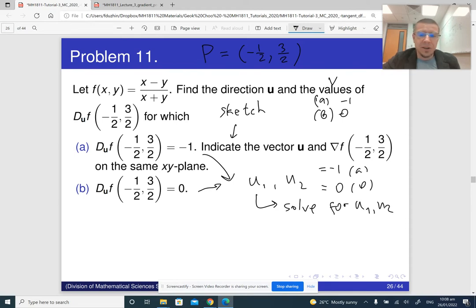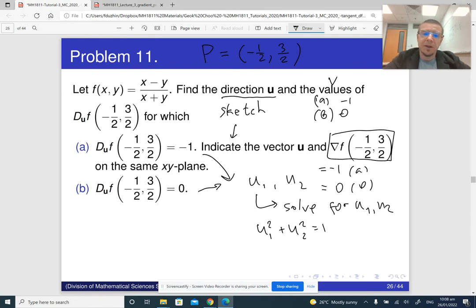Notice that by doing this, we will have one equation with two unknowns, and of course we can't solve it uniquely, but luckily we have the second condition. u is the direction, which means that it is a unit vector, so the length of the vector u is going to be 1. So u1 squared plus u2 squared is going to be 1, right? So that's the plan.